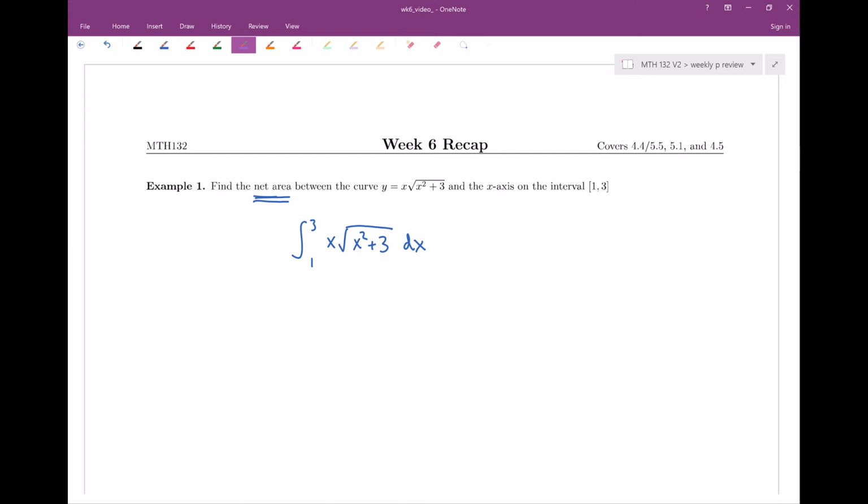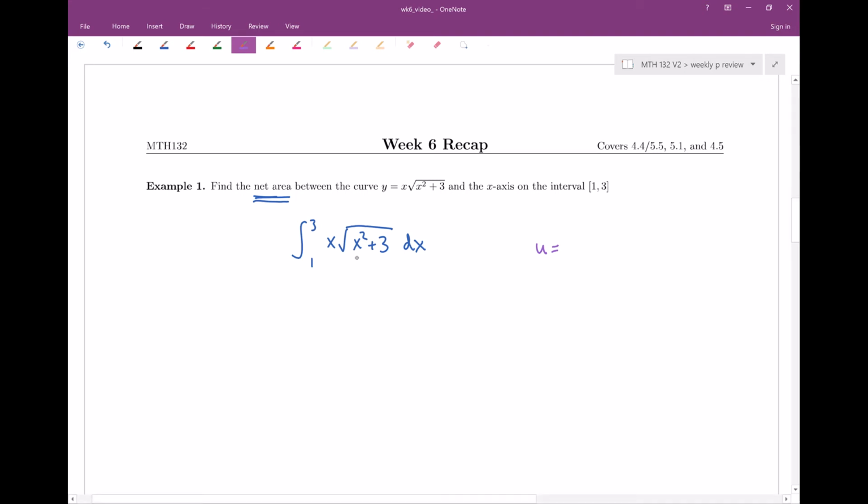For about 80 to 90% of the problems, when you're trying to figure out what U should be equal to, I would say that U is the inside function. So that's a good rule of thumb. It's not something that's 100% always true, and in fact, I have an example coming up of a case where that's not the situation. But as a good rule of thumb, letting U be the inside function is a good place to start.